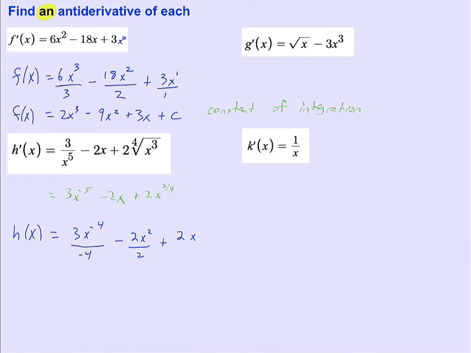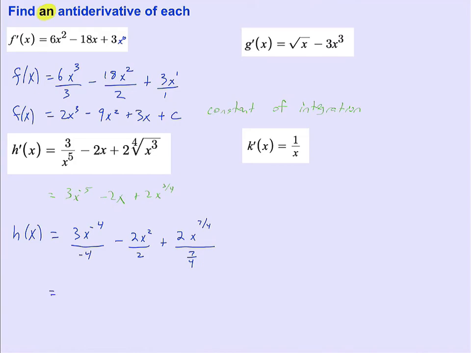This gets a little bit messy here, but take 3/4, increase it by 1, you get 7/4, because 3/4 plus 4/4 is 7/4, and then divide by 7/4.